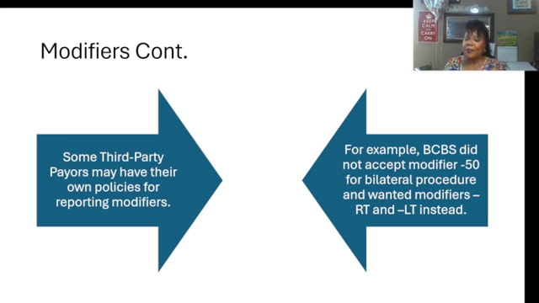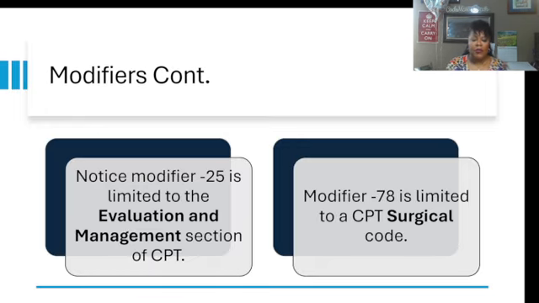So third-party payers play a key role in which modifiers should be used. Notice modifier 25 is limited to only the evaluation and management section of CPT, where modifier 78 is limited to only a surgical CPT code.